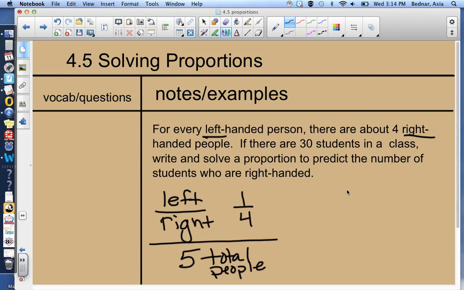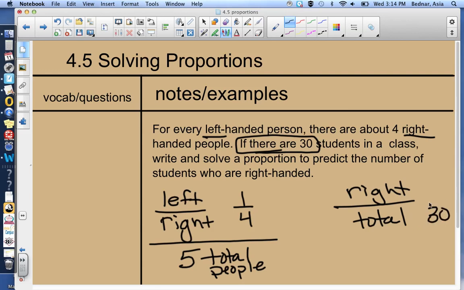So now I want to know right-handed to total amount. I've got to figure out what ratio I want to set up here. Left to right doesn't work because I want to figure out right to total. I know there are 30 students. 30 students is my total. How many are right? I don't know. But I do know that when I talked to people over here, 4 of them were right-handed out of the 5 total people I talked to.